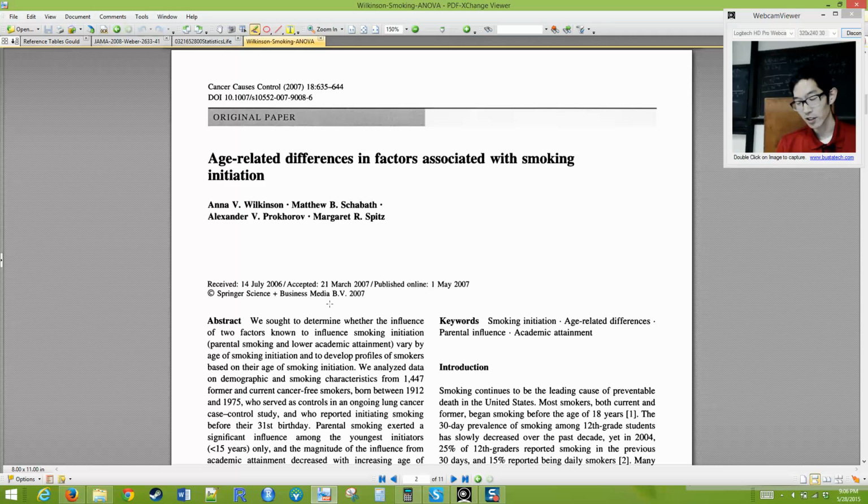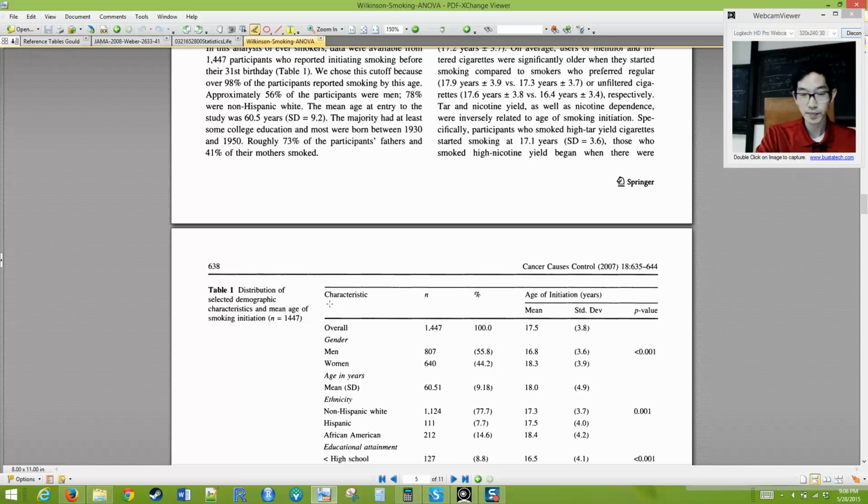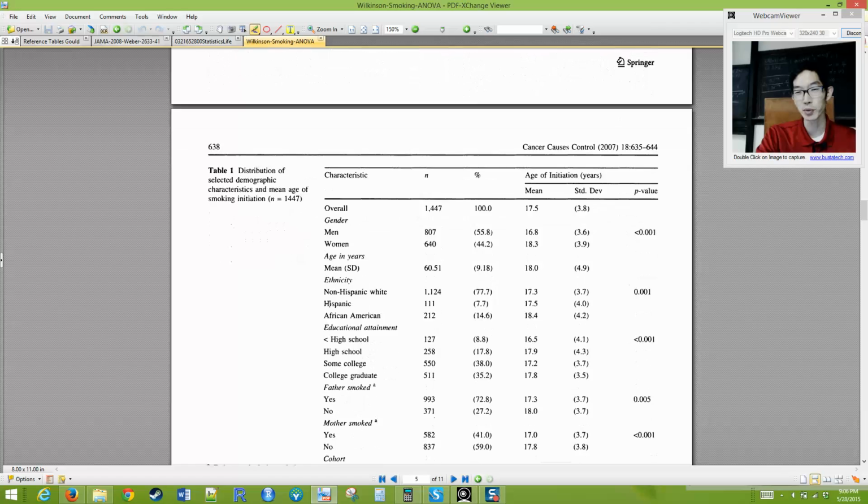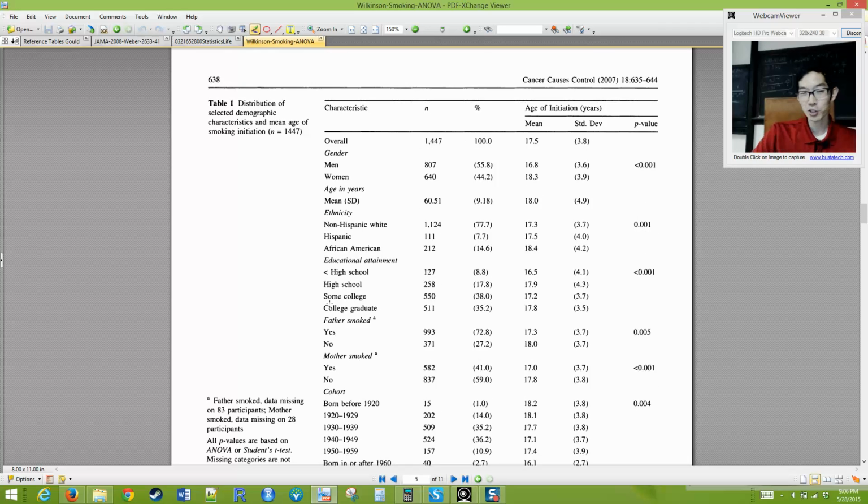So our response is the age at which they started smoking, a numeric variable, and they're trying to find relationships between that and things like their gender. Do men and women start smoking at a different age? Or they looked at their ethnicity.